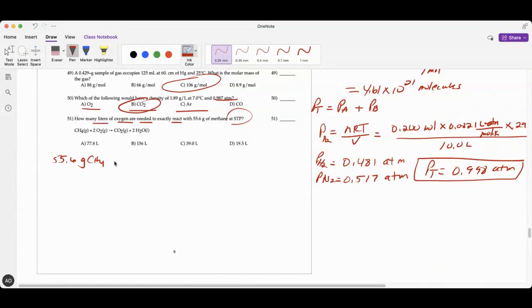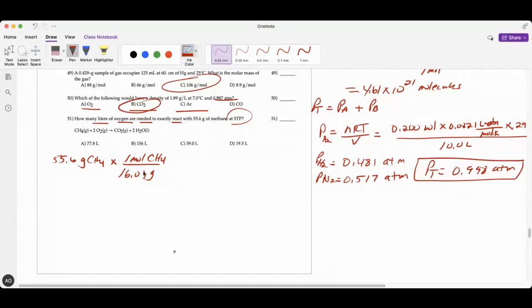We have grams of methane, and we'll convert that to moles of methane. So we have 12.011 plus 4 times 1.00794. So that's 16.04 grams per 1 mole of methane.